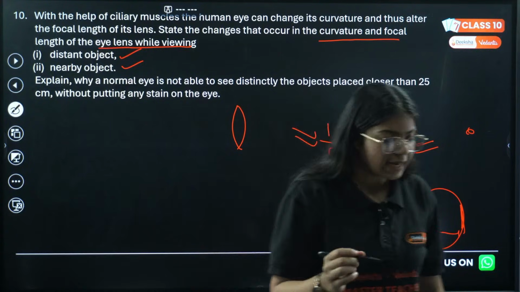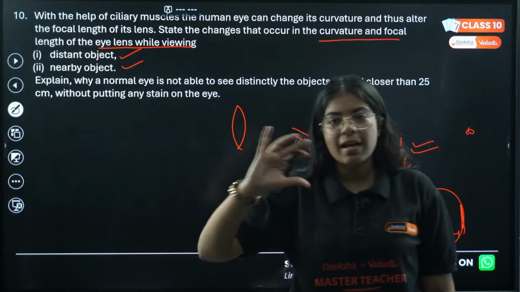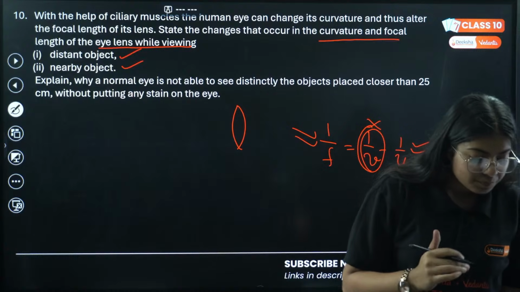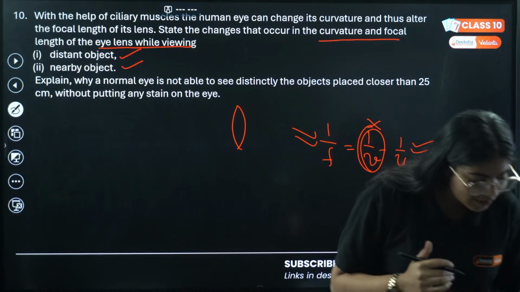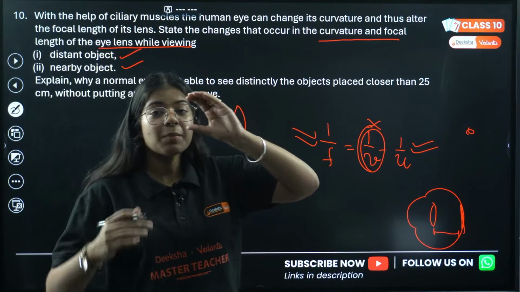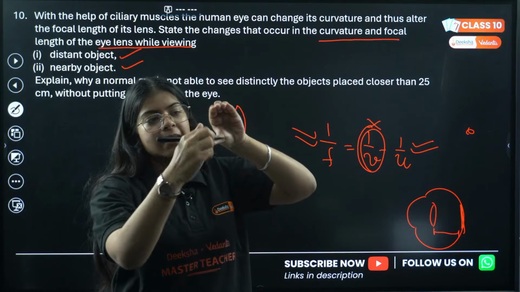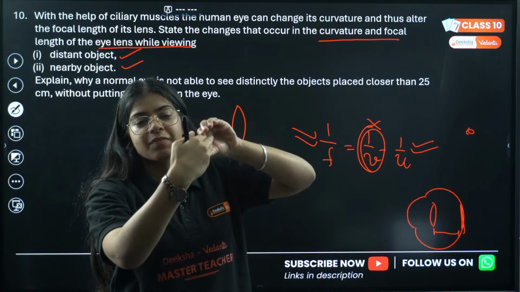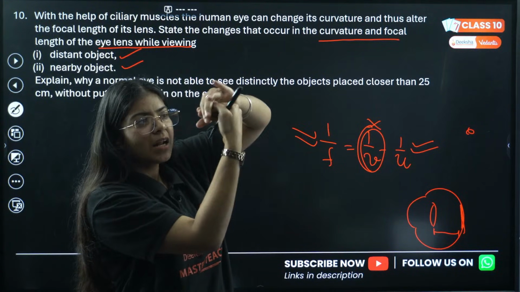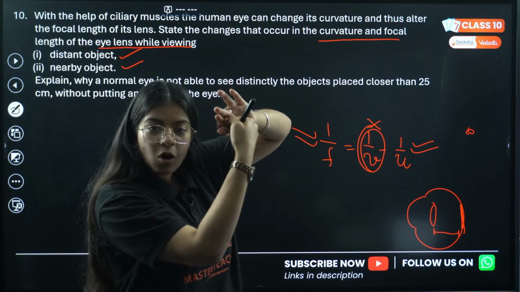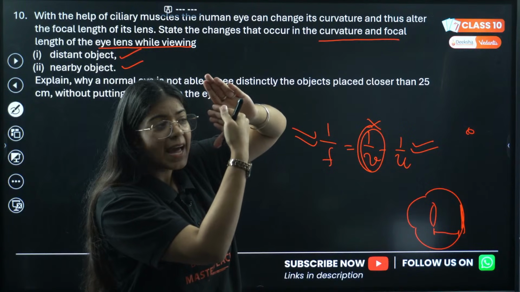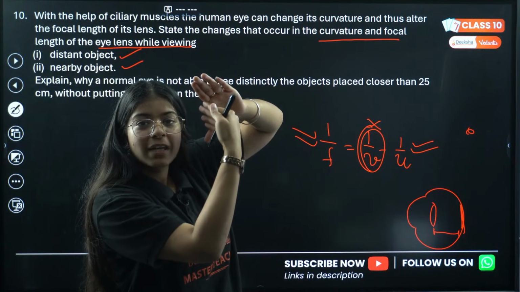You wrote it right, that ciliary muscles relax while viewing distant objects. So what happens is, this is my ciliary muscles and this is the lens. If the ciliary muscles contract, pushing it down, the lens will contract and become thick. If my ciliary muscles relax, the lens will become thin.